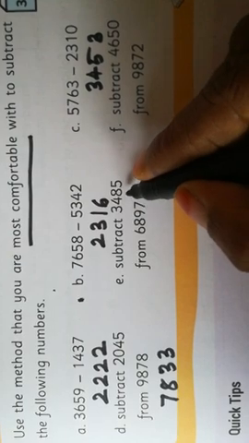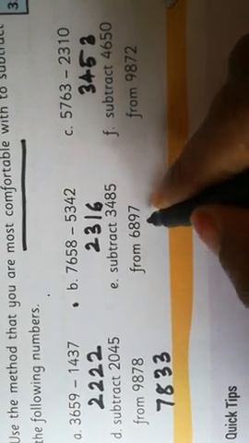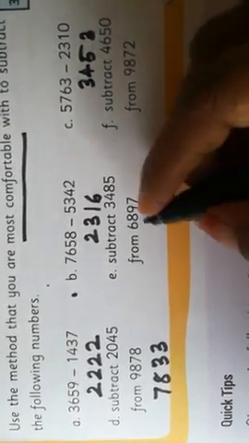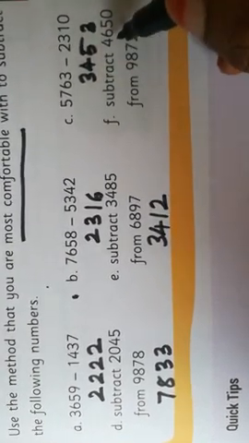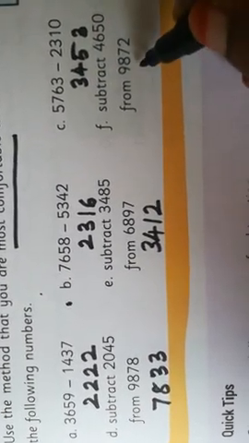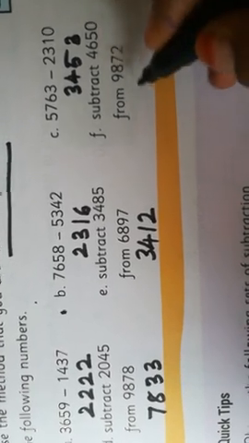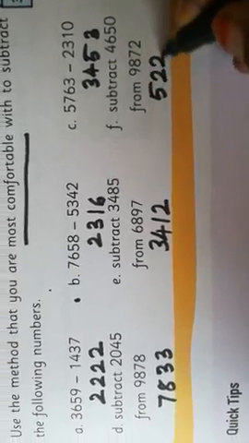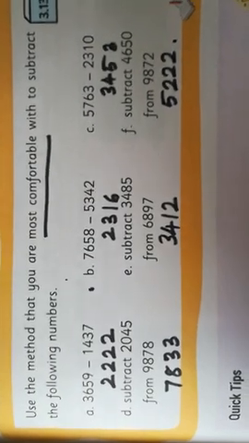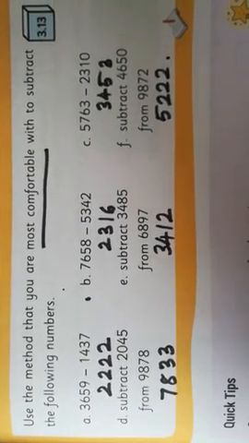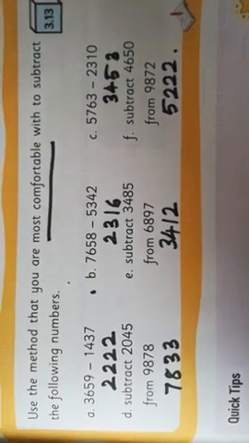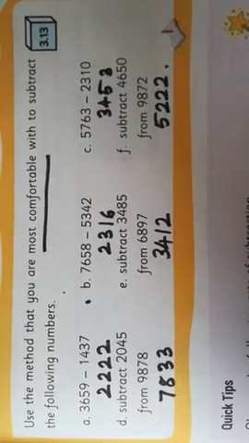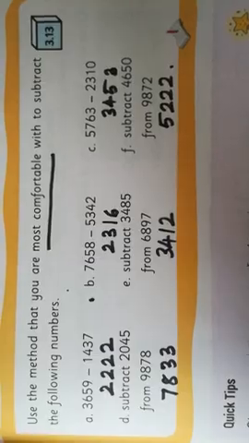Subtract 3485 from 6897, you are getting 3412. Subtract 4650 from 9872, you are getting 5222. See, children, you have to do all the sums in your rough note, then check whether your answers are correct or wrong. Then you have to write the answers only in your studio book, children.